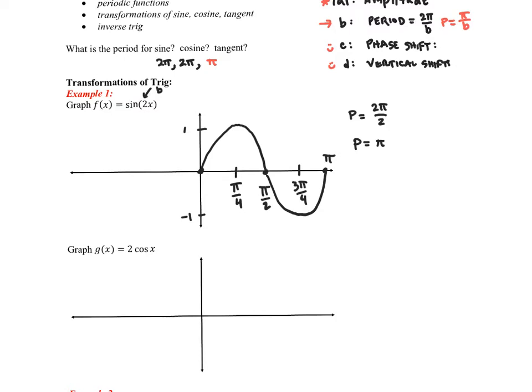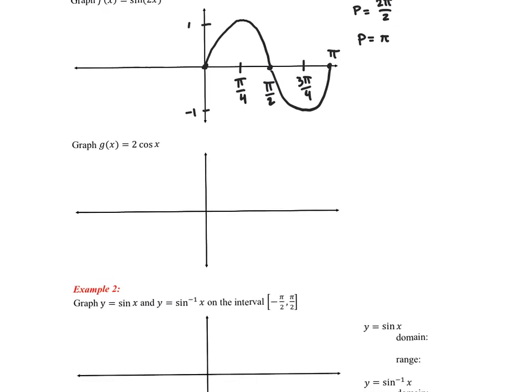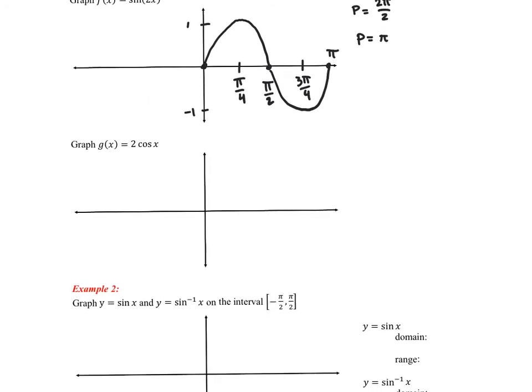Now let's look at example 2. Looks like we're doing a different transformation on cosine. So the 2 here is the value of a. So instead of cosine, which we're not changing the period at all, so the period of cosine will be 2 pi. Instead of changing the period, we're changing the amplitude.